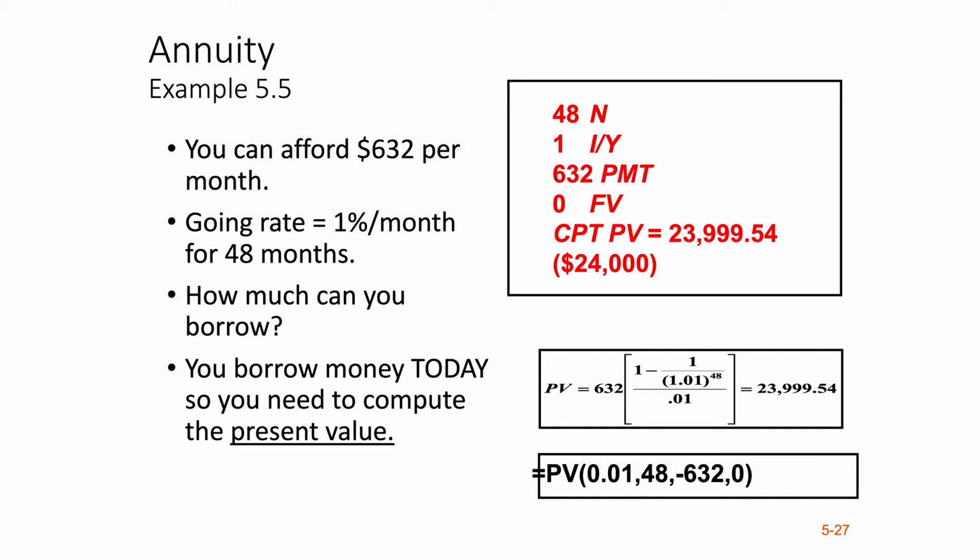You are given 1% as the monthly rate for 48 months. How much can you borrow? This is basically the typical loan situation. The present value is the loan value.